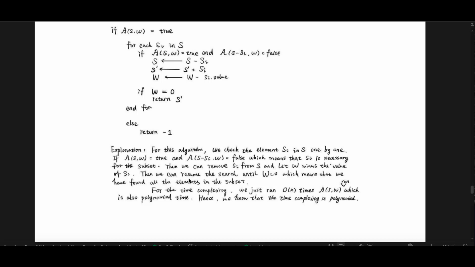Then we can continue until W equals 0, which means that we have found all the elements in the subset. For the time consumption, we just run ASW O(n) times, which is polynomial time. Thus, we know that the time complexity is polynomial.